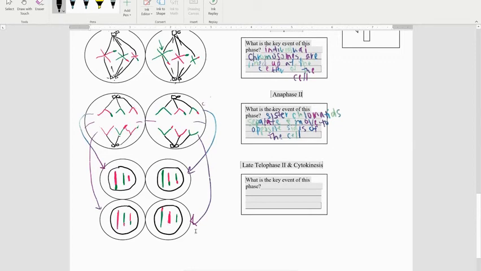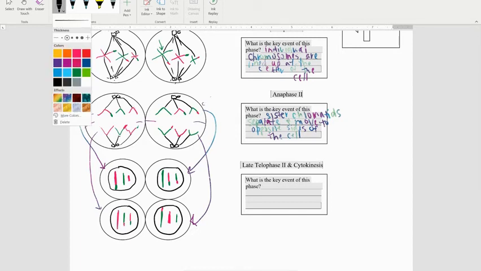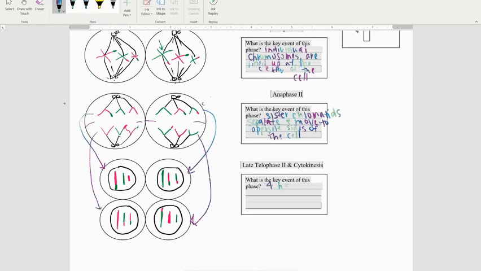So let's write our key events in. 4 haploid cells are produced and each cell is genetically different.